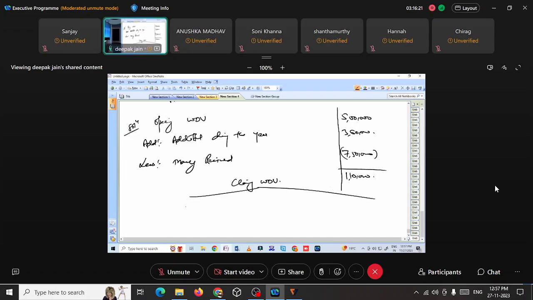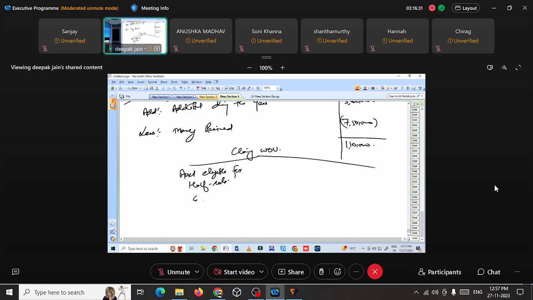Now, the asset eligible for half rate. Name of the asset is G and H. Other asset nil. Although the purchase value of G and H is 1,80,000, we cannot take 1,80,000 as we are left with only 1,10,000.